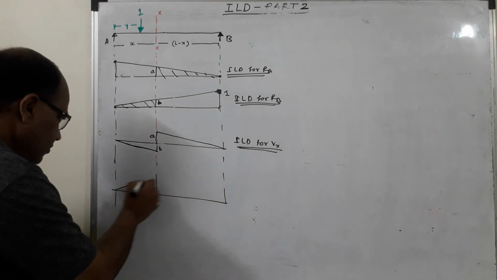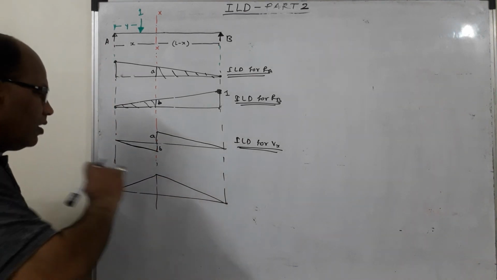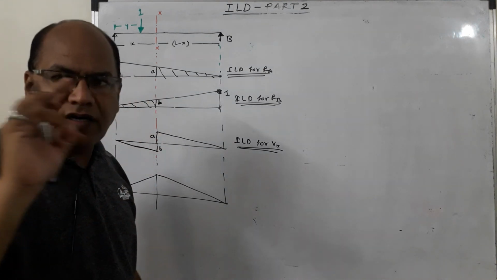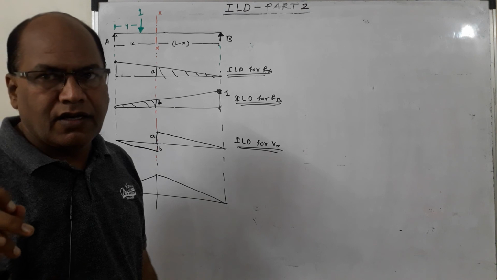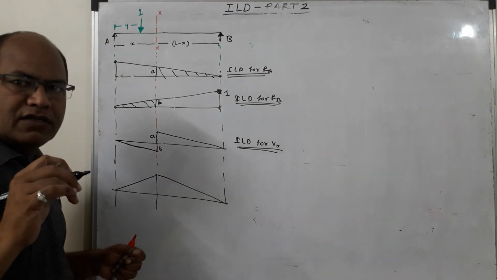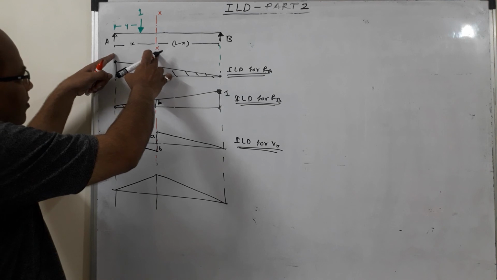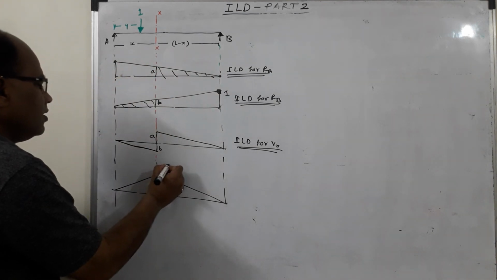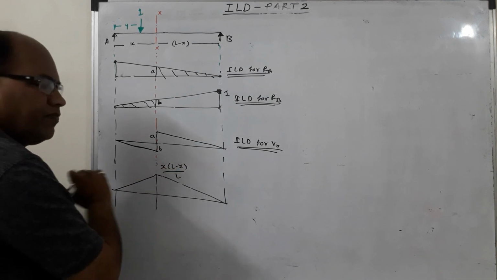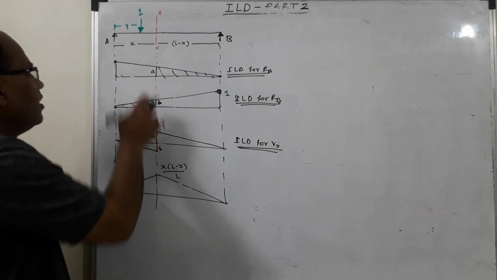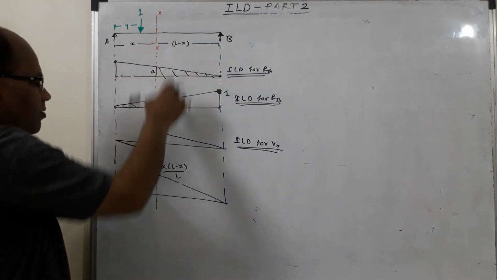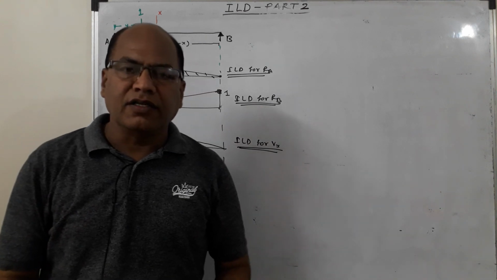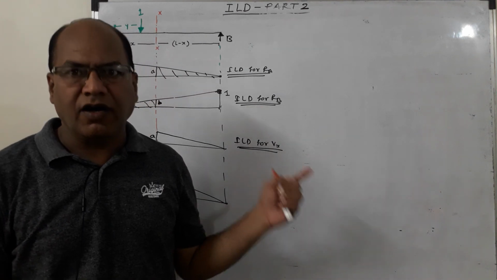So, draw a triangle, and in order to get this ordinate, it is to be obtained by using the basic formula WAB upon L. W is the load, A is the length of the left part, B is the length of the right part, and that is why it will be x into L minus x upon L. Because W is 1, x is the length of the left part, L minus x is the length of the right part. This is how we can draw ILD for the shear force and bending moment at the given section.